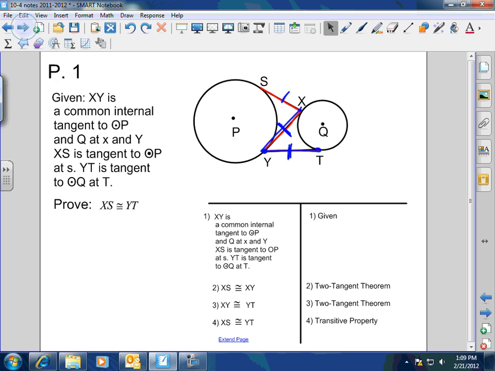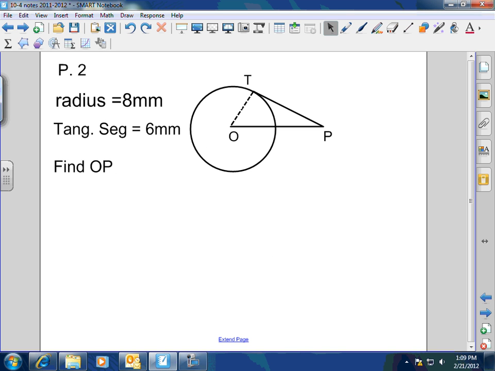Fantastic. Okay, now, in this particular case, let's check out what we have. They tell us the radius is 8. So that means this is 8 millimeters. They tell us that the tangent segment is 6 millimeters. They want to find OP. Someone said Pythagorean theorem.